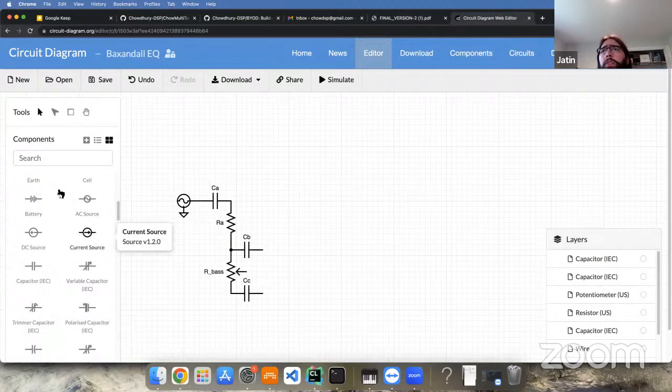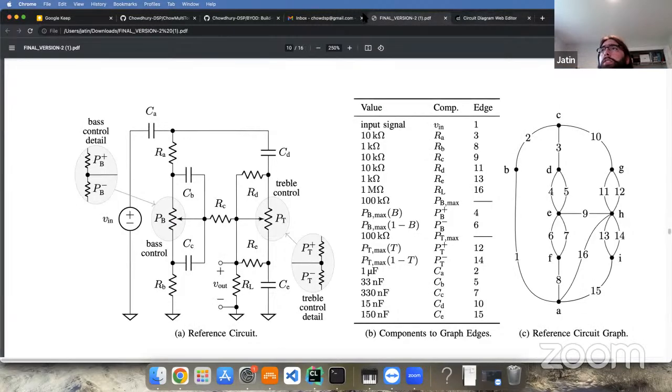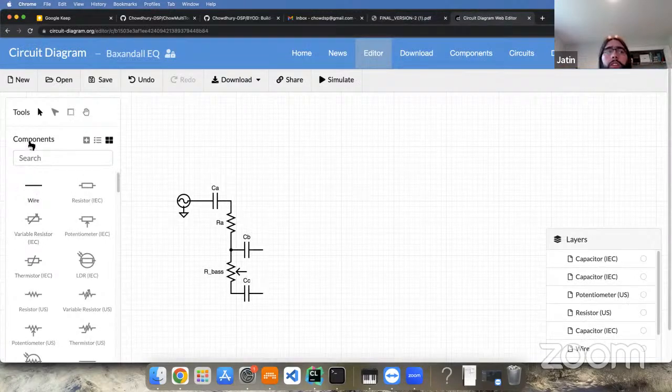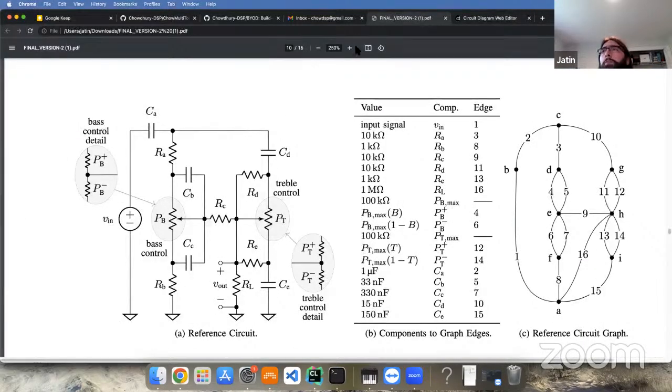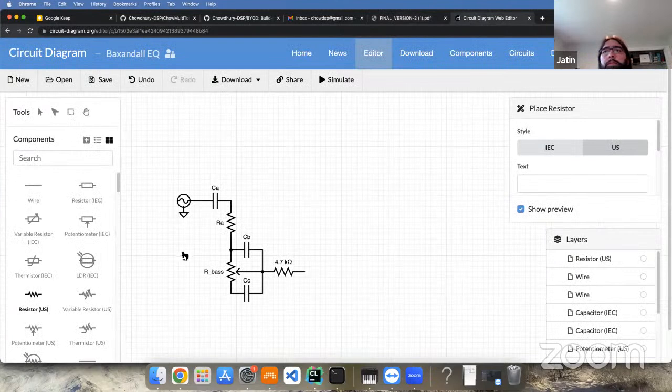And then we can have these connect to each other and also to the third pin of the potentiometer. Easy enough. And I'll put a resistor here, which we'll label later. And then we've got RB going to ground. Cool.